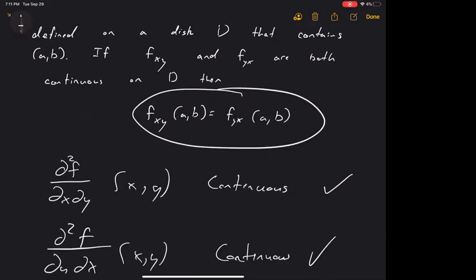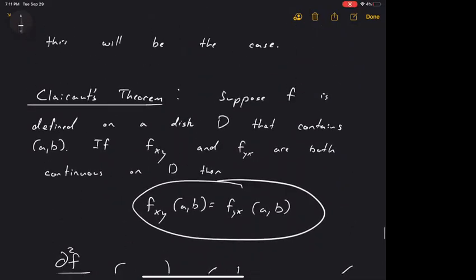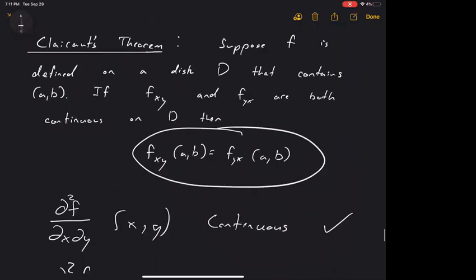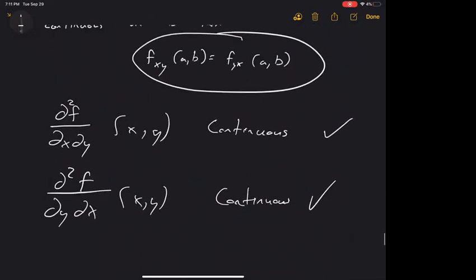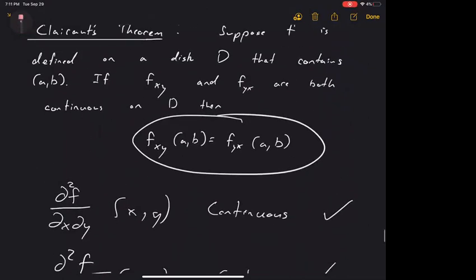I had to do it once upon a time back in my early days of grad school, but don't worry about the reasoning behind this. Just remember that this condition holds. If these second order partials are continuous, then the mixed partials are going to be equal to each other.